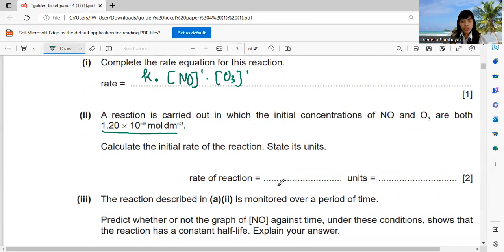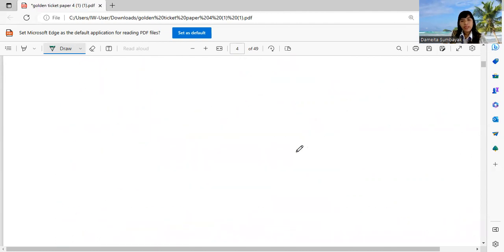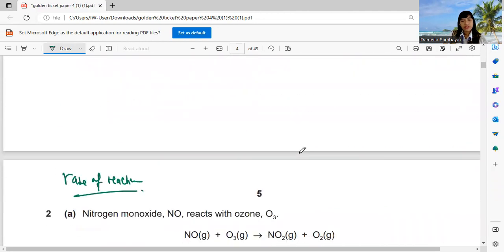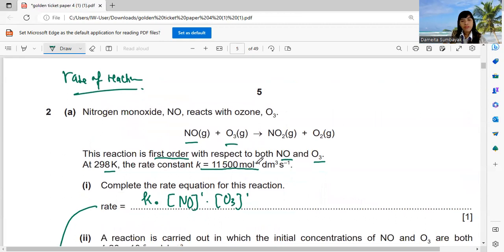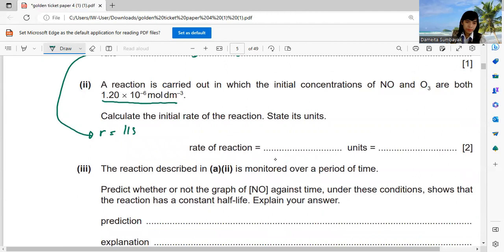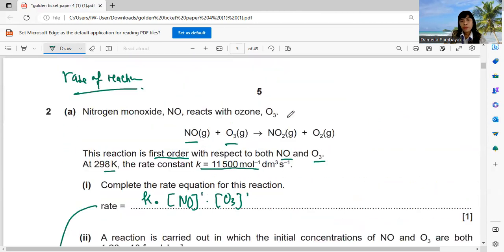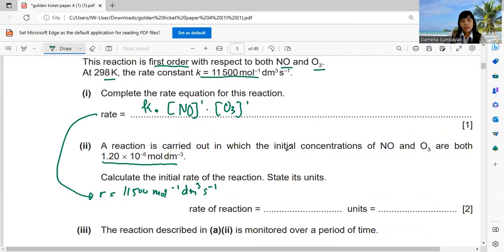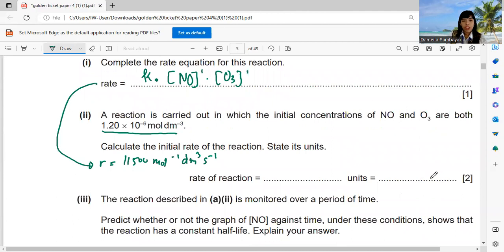A reaction is carried out in which the initial concentrations of NO and O3 are both the same. So what is the rate of reaction? Then you can substitute into this equation to calculate that. R equals k. k is, I think, given here: 1,500 mol^-1 dm^3 s^-1. You have to copy and paste the unit so you can find out the final unit later on.